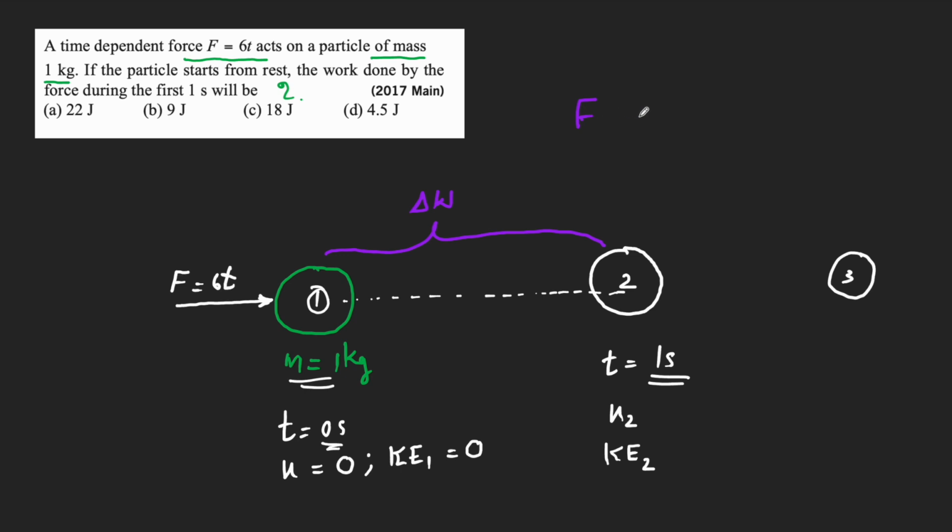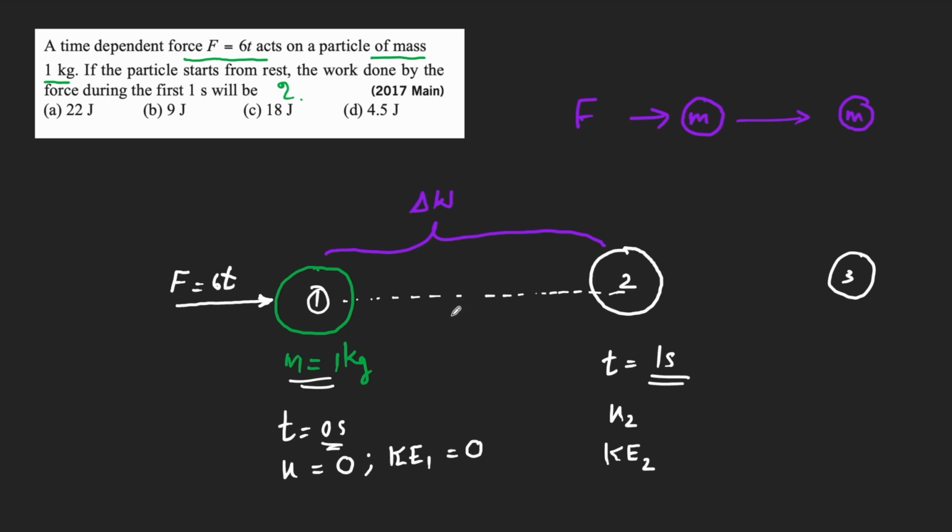The force is acting upon the mass, and that means energy is being given to it, and the mass gets displaced. That means there is an energy transfer, a work transfer. Work is being given to this mass, and how much is that work?